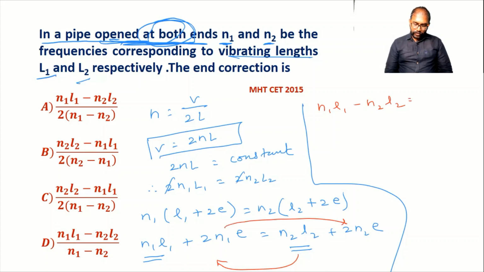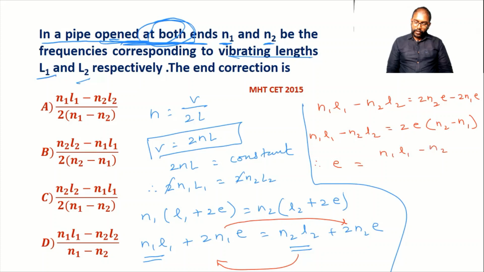So is equal to 2N2E as it is minus 2N1E. Then here I can take common 2E, N2 minus N1. So here we get N1L1 minus N2L2. By using this formula we can write E is equal to N1L1 minus N2L2 as it is. This 2(N2 minus N1) we can shift to this side. So we get this one.